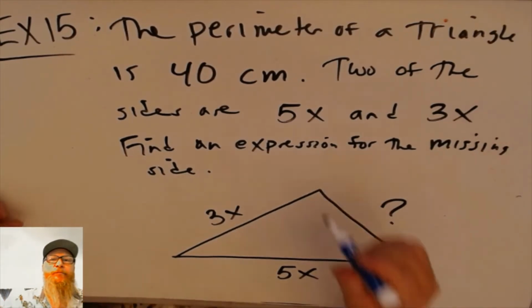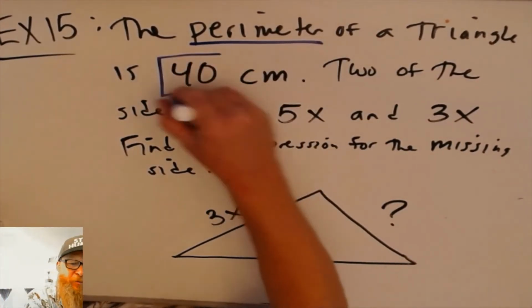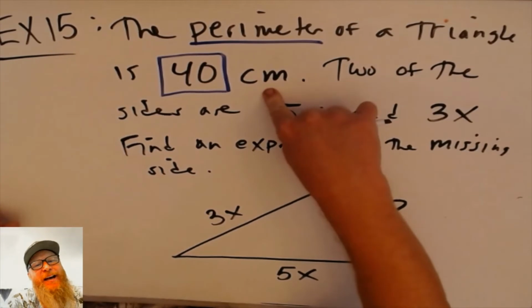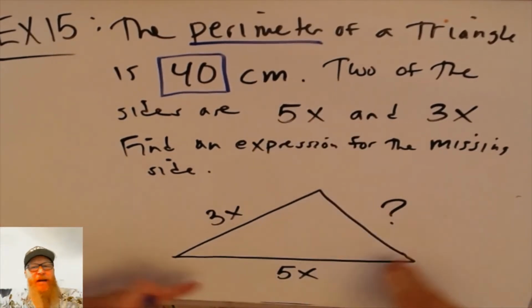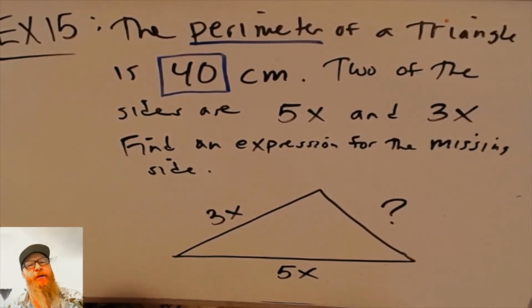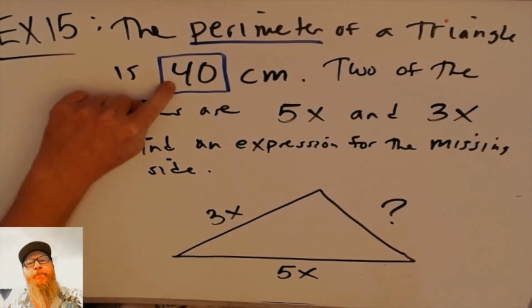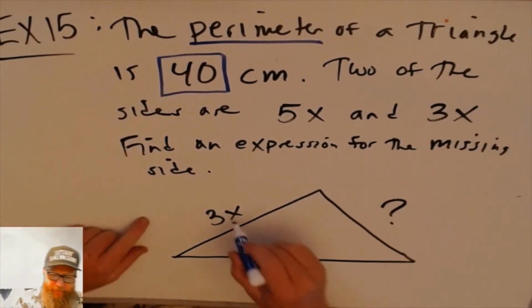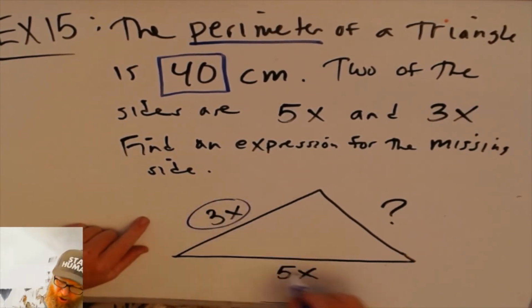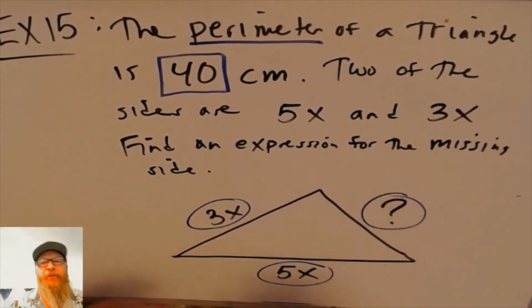Okay, so the perimeter is 40. I don't really need the centimeters yet. I mean, if you were to measure this, it would be measured in centimeters, but that's just off to the side. We really care about the number 40. Okay, and then the perimeter is adding all of these guys up.